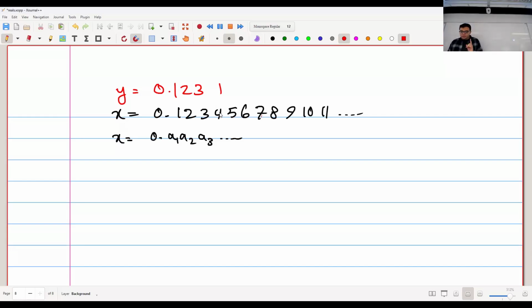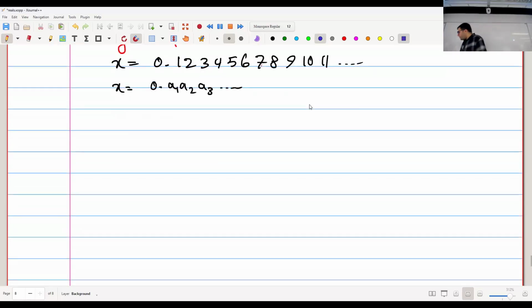Okay. Now, one point about the representations here, a technique that we will use actually also in the next session is that I don't like terminating representations. So I don't like to write something like 0.12. Okay, so instead of this, I always prefer to write 0.119 and then just repeat the 9s.